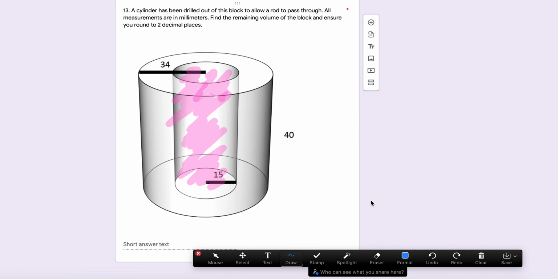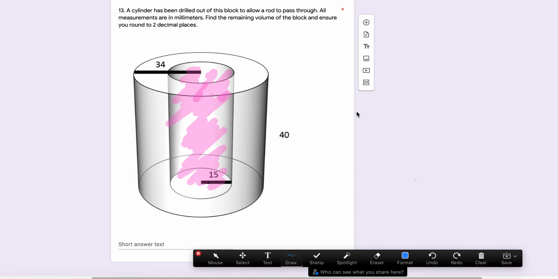All right. So you've got both of the radiuses given to you. So thankfully you don't actually have to divide anything by 2 in this scenario, which is excellent. Sorry, I'm having a bit of technical difficulty. What you have to do is bracket. I'm doing the working out for the big cylinder in blue.